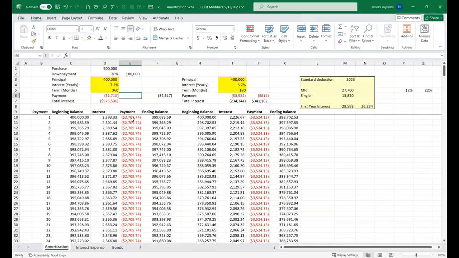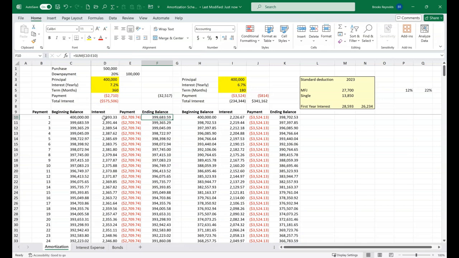Okay, and that means that you're going to pay interest of $2,393. Now, your principal and interest payment is going to be $2,709.74 every month. And so the ending balance is going to reflect the difference between these two numbers. If you look down here in Excel, it shows minus 316.41, so your principal balance is going to be reduced by that amount.